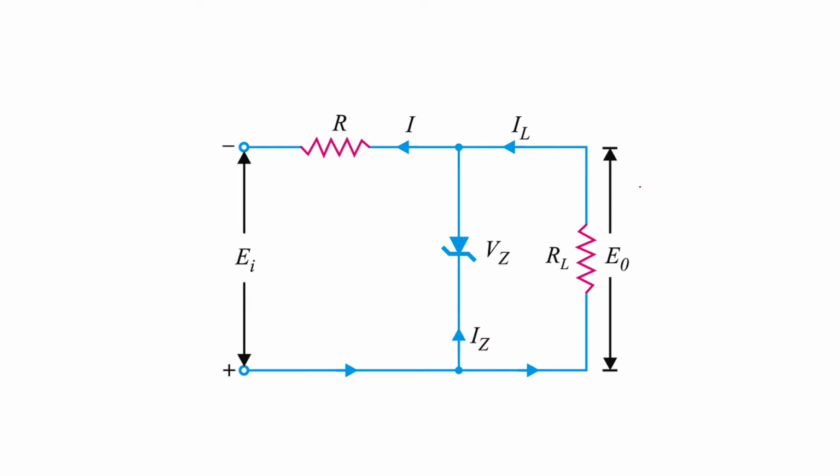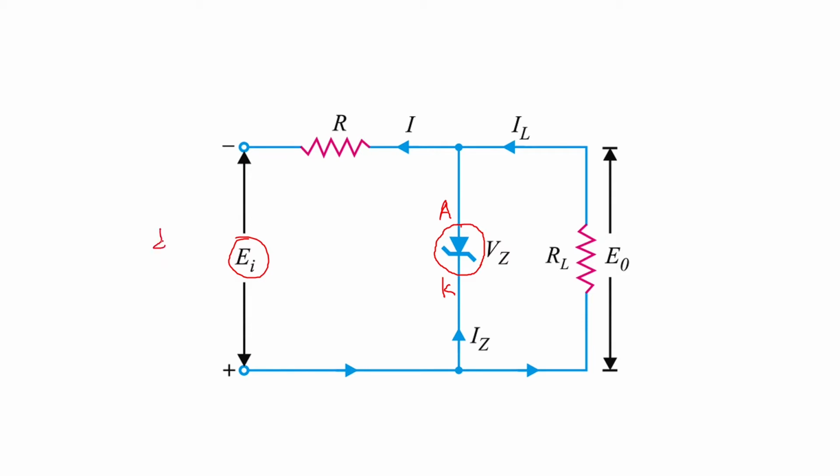In this circuit, I have made a little change. I have changed the position of the Zener diode. Here you can see the anode and this is the cathode. For the Zener diode to be in reverse bias condition, the anode should be connected to the negative terminal of the input.